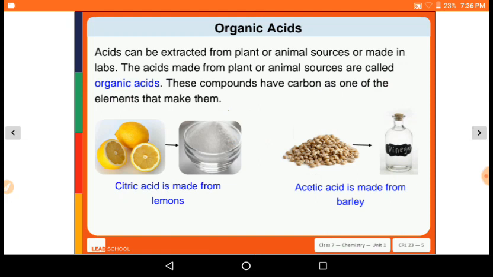Now the next is organic acids. Acids can be extracted from plant or animal sources or made in the labs. The acids made from plant or animal sources are called organic acids.